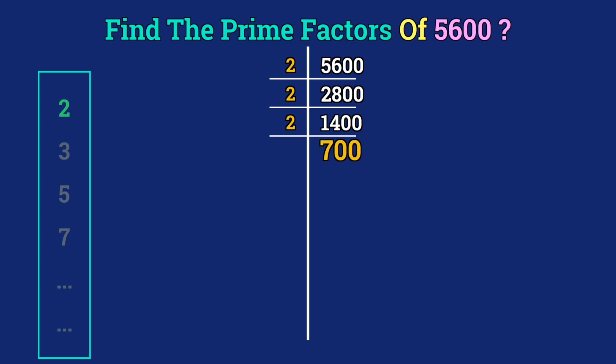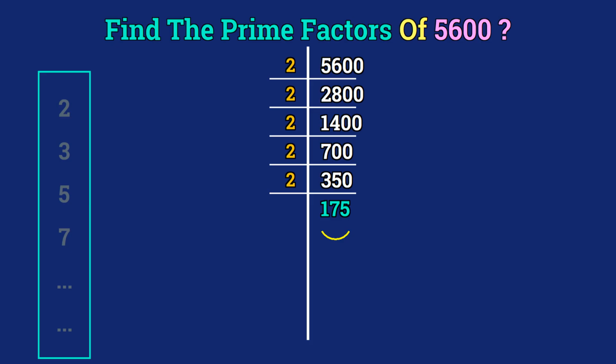So 700 divided by 2 equals 350. Dividing 350 by 2, which equals 175. So 350 divided by 2 equals 175.